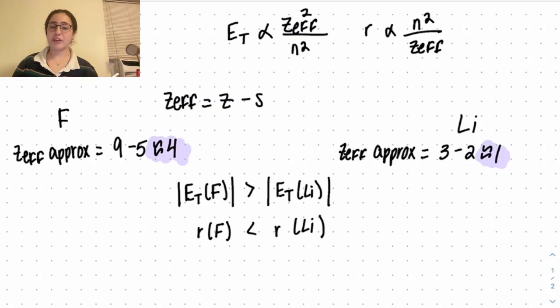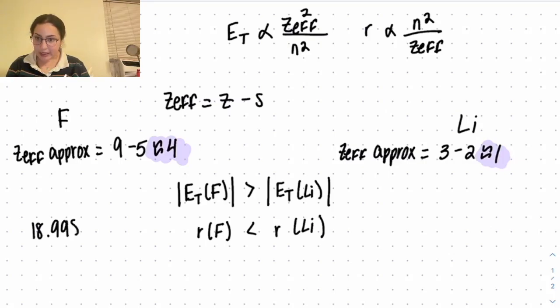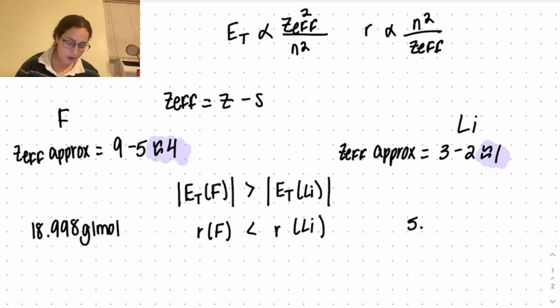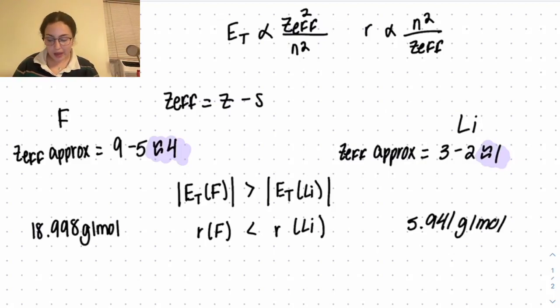And this is pretty crazy because fluorine is much more massive than lithium. Fluorine's atomic mass is 18.998 grams per mole, and lithium's is 5.941 grams per mole. So it's over double the mass of lithium.